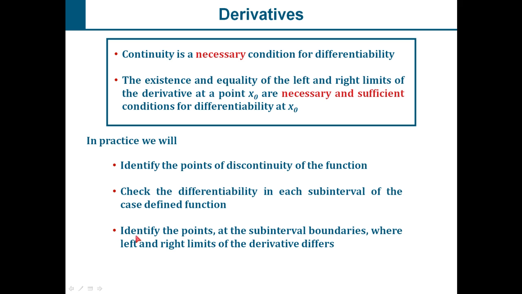Finally, we will identify the points at the subinterval boundaries where the left and right limits of the first derivative of the function are different. Those points will be for sure points of non-differentiability of the function, since by this second condition, the existence and equality of left and right limits for the first derivative is a necessary and sufficient condition for differentiability.